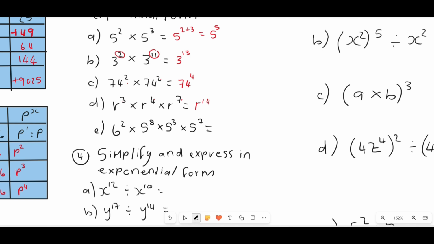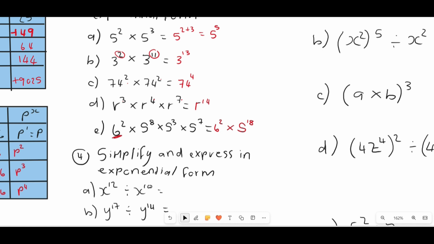So for the last one, as I said, if your base numbers are not the same, this is S, and this is S, these three, but this one is 6. There's no other 6, so the 6 will have to stay 6 squared. Multiplied by, now we can take our S's and add them together. Again, we can say, okay, 3 plus 7 is 10, plus 8 is 18. So it will become S to the power of 18.